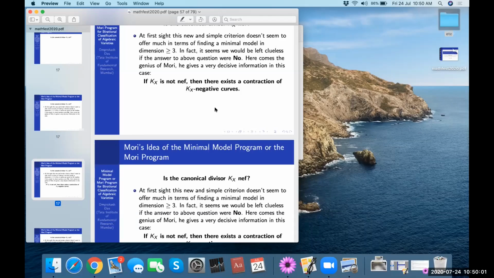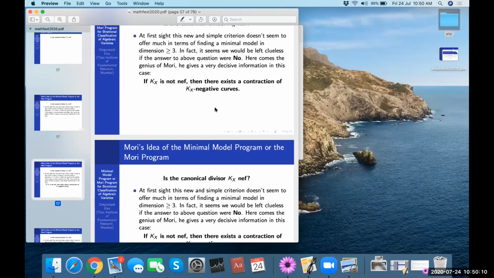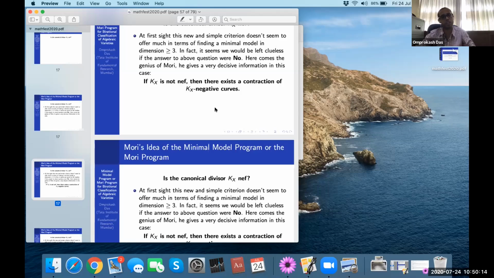Then you can calculate that it has 2 to the power 6 singular points. This is a singular variety, right? Then you blow up all those singular points. You can blow them up simultaneously because they are disjoint closed points. So one single blow-up gives you a smooth variety, no problem.